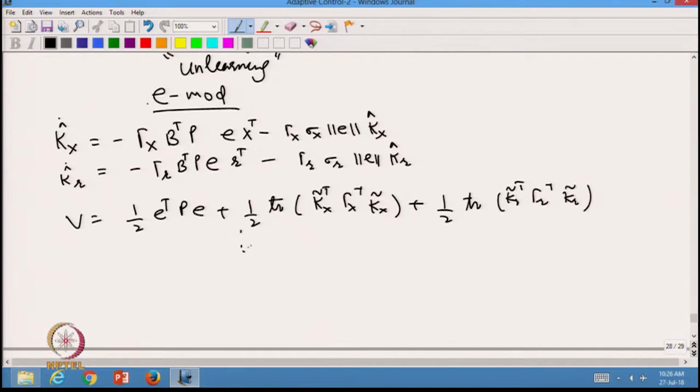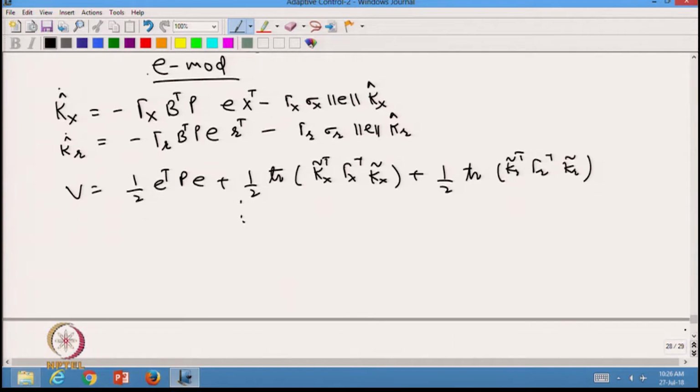And we follow the same steps that we had previously.